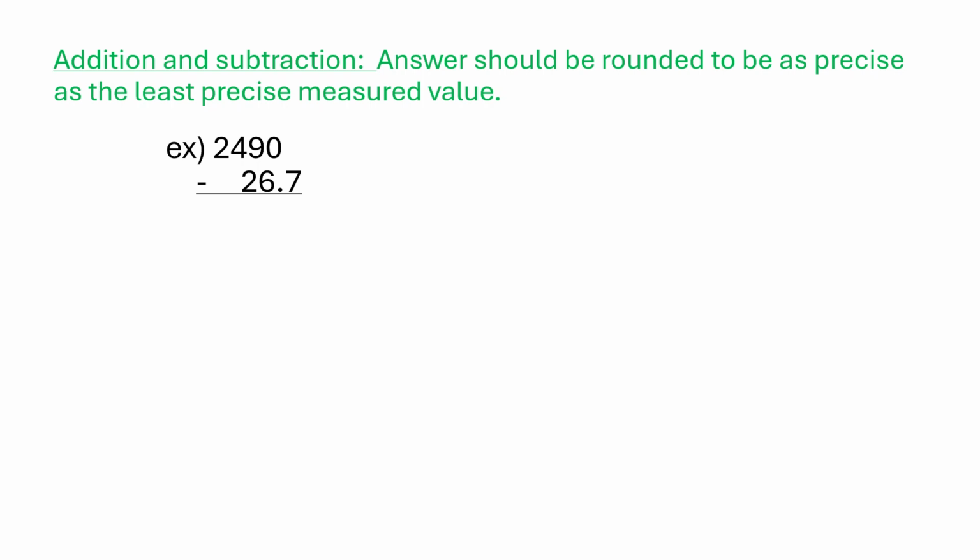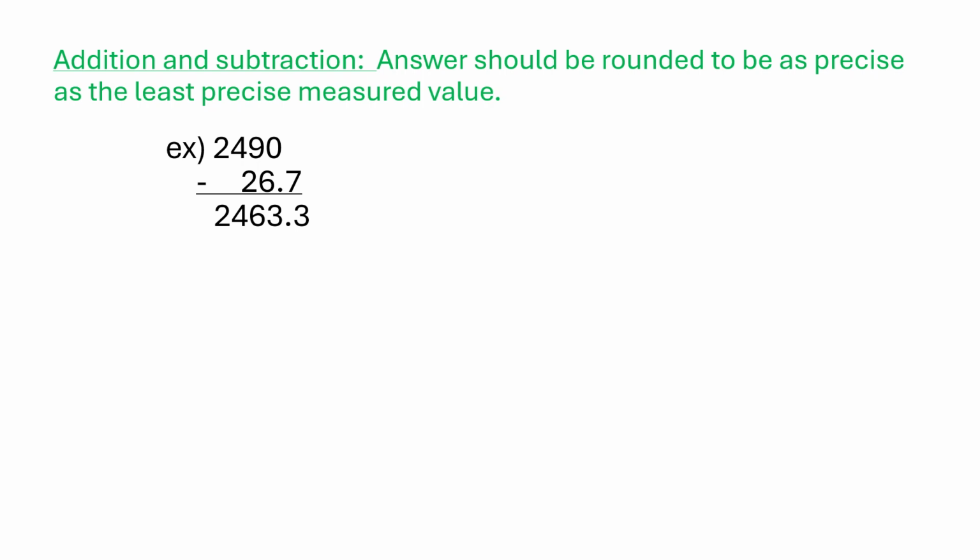When I go ahead and subtract 2,490, which is not a very precise number, and I subtract from that 26.7, which is a more precise number, I get this number exactly, okay? Whether you did it on paper or in your head or on a calculator, we get 2,463.3.